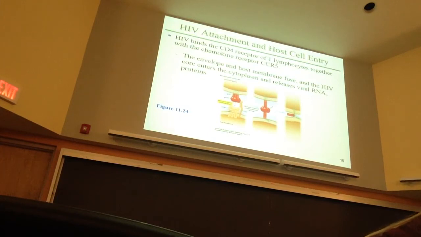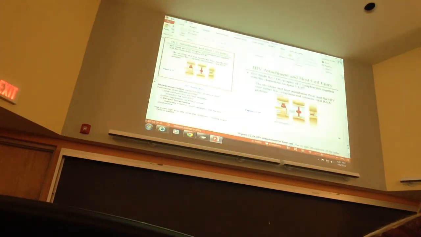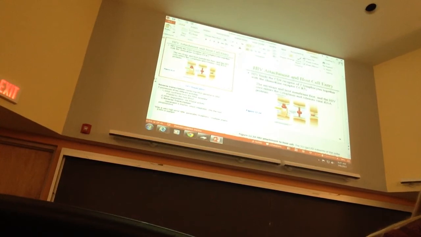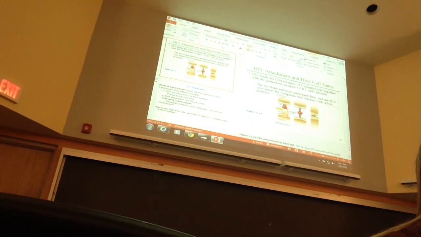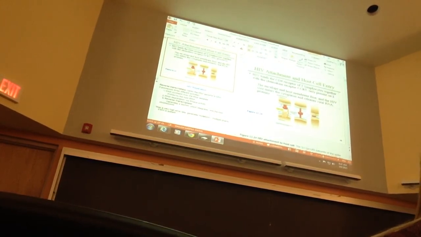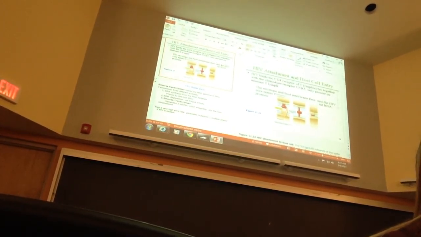Why that is important is because these are only present on T cells. This then defines the host specificity. The CD4 and CCR5 are only present on the immune cells, T lymphocytes. And so that's why it attacks our immune system.